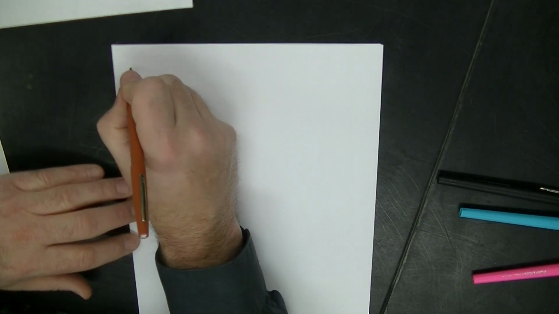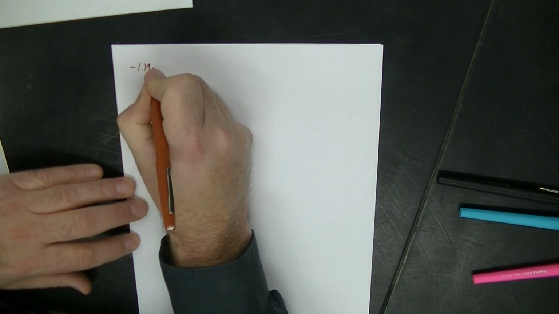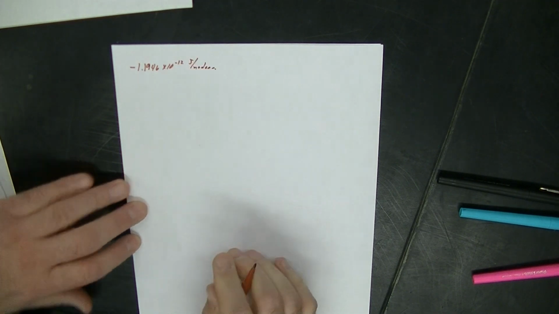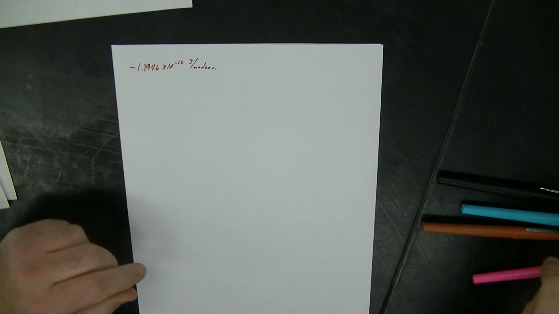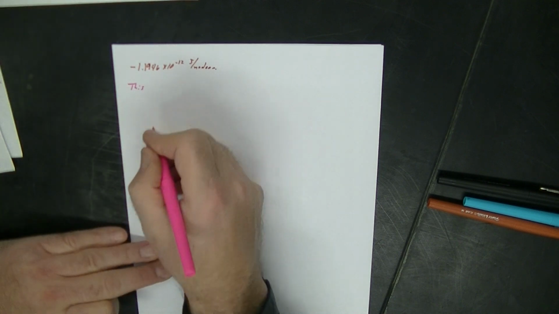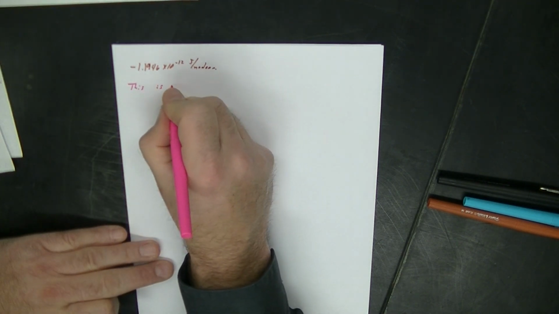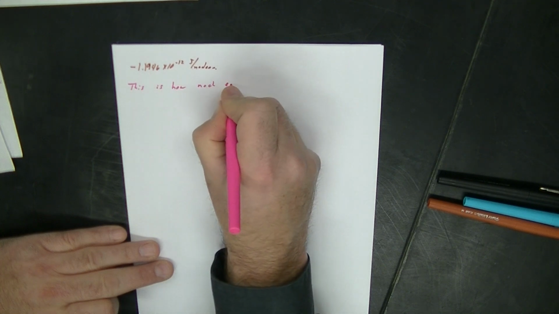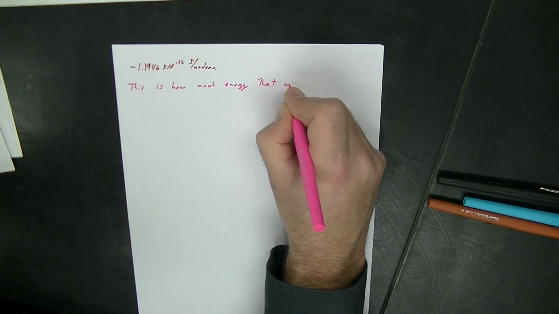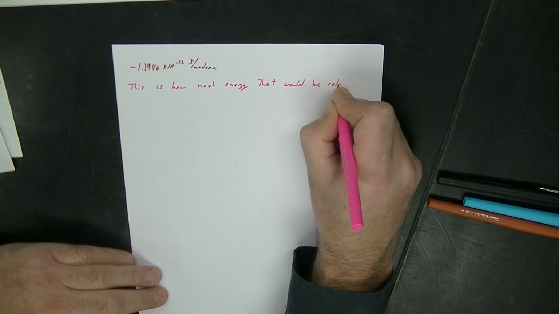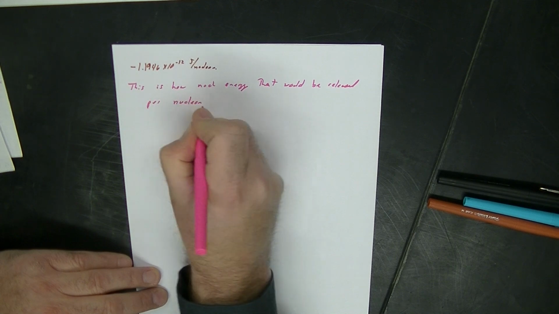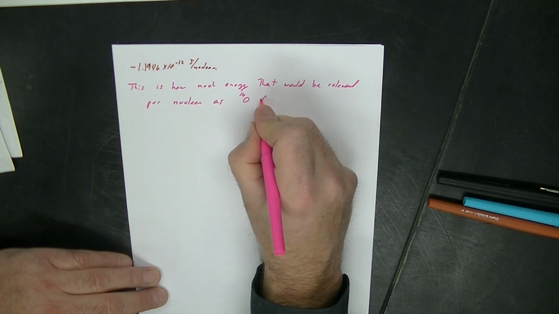So I'm going to write that right here. So this is how much energy would be released per nucleon as oxygen 16 forms.